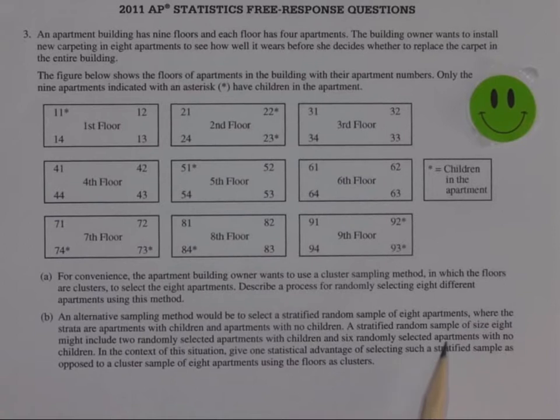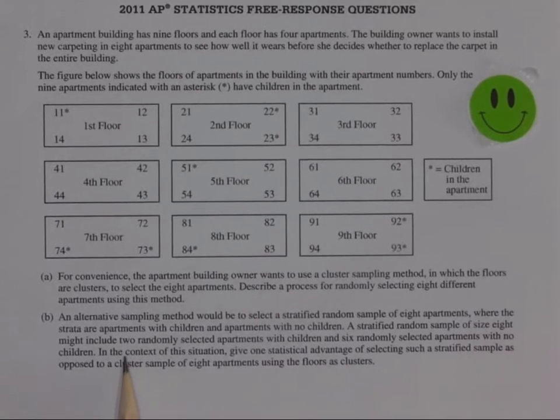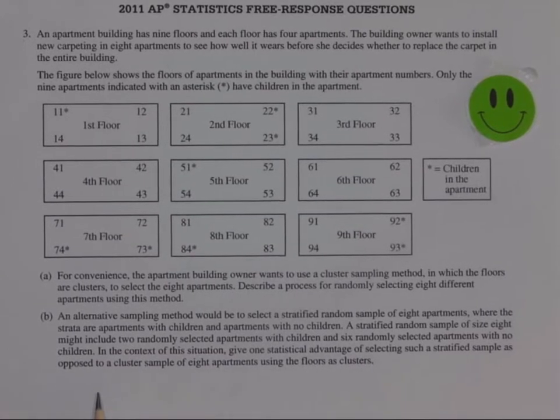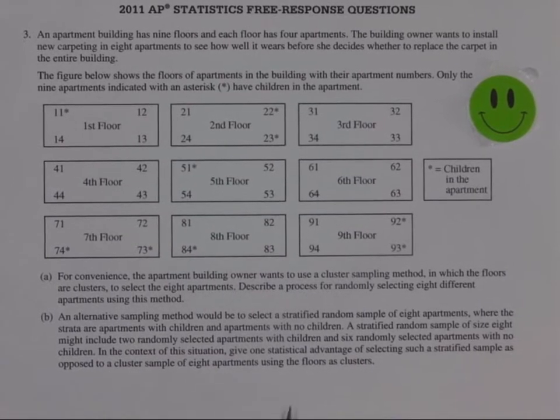A stratified random sample of size 8 might include 2 randomly selected apartments with children and 6 randomly selected apartments with no children. In the context of this situation, give one statistical advantage of selecting such a stratified sample as opposed to a cluster sample of 8 apartments using the floors as clusters. So if you want to pause the video and give this a shot, that would be great.